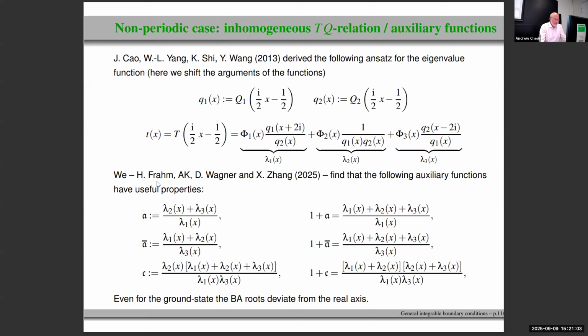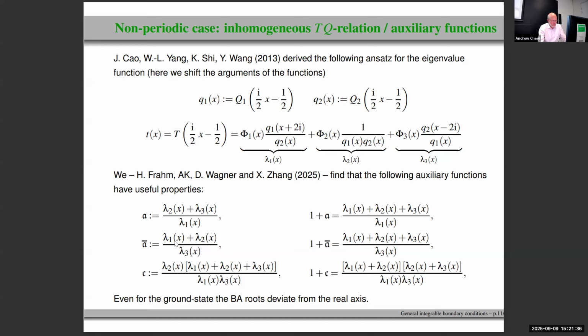We found out, we means Frahm, Wagner, Zhang, and myself, that the following combination of auxiliary functions are useful for some reason. It's difficult to understand it in a few minutes. So if you take these 3 terms that appear on the right-hand side of the transfer matrix, and you take the last 2 functions, sum them up, and divide by the first function, you get little a bar.